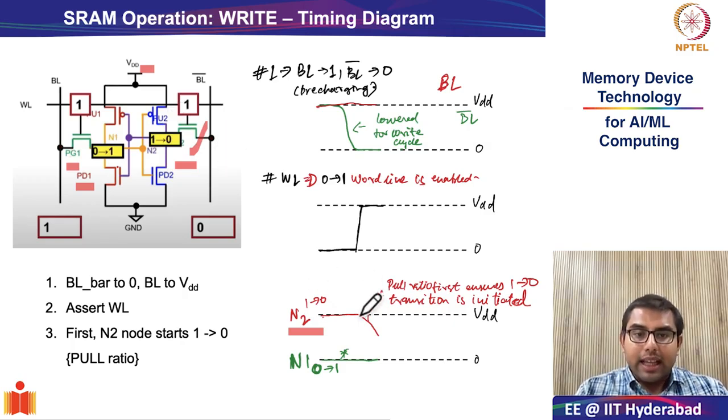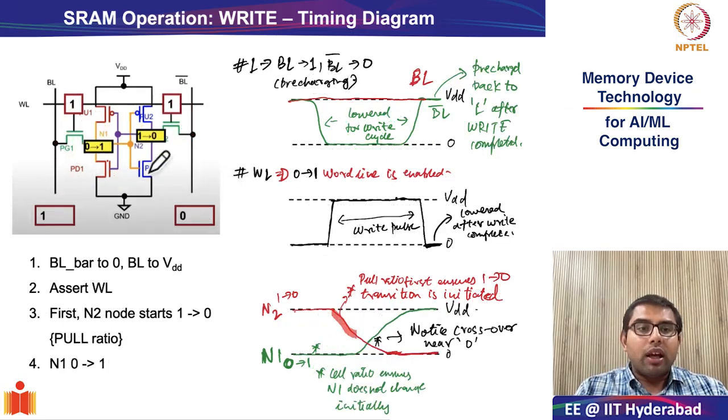And as we see, the storage node 2 starts dropping first, starts discharging first from 1 to 0. As the storage node 2 starts dropping from 1 to 0, this results in the turning on of the pull-up 1 transistor, and eventually there is a transition in the storage node 1. Even storage node 1 starts charging from 0 to 1.